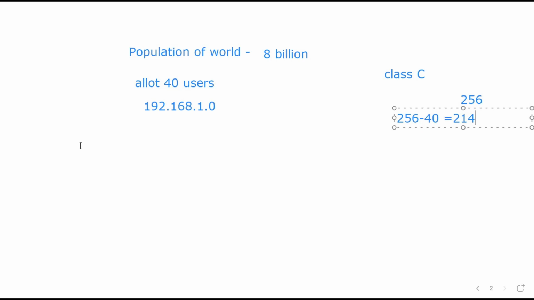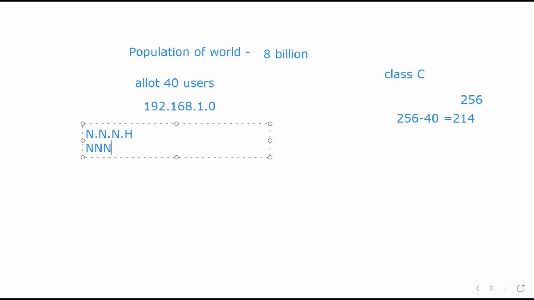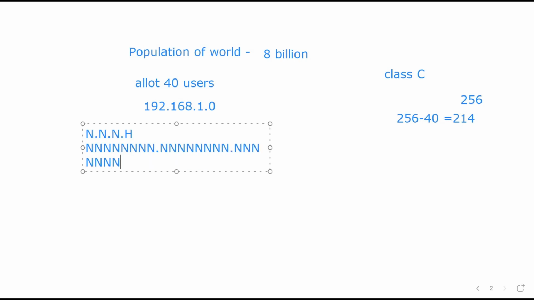Let me write this network like this. You also know that this is aligned in 8 bits, right?